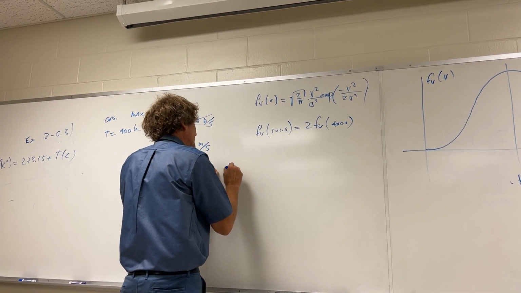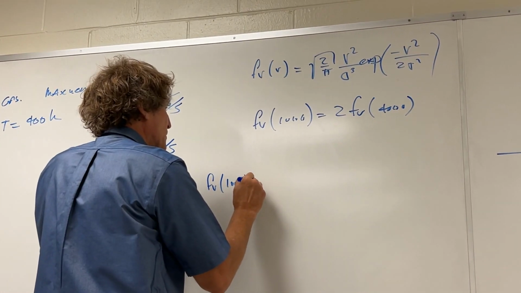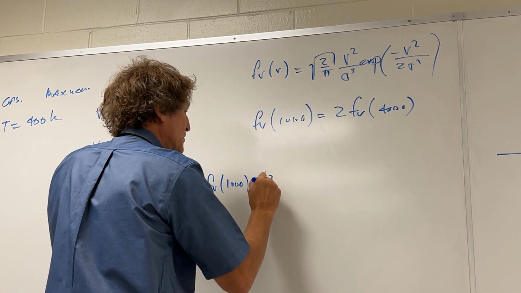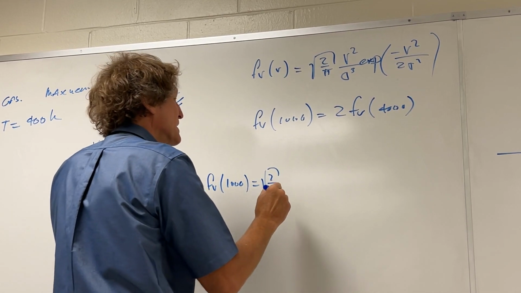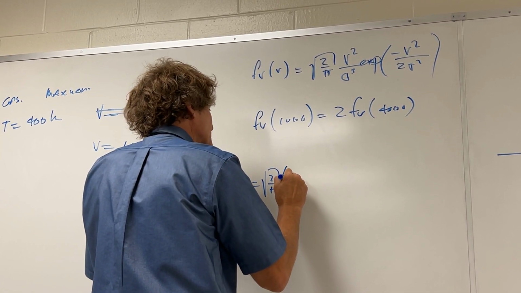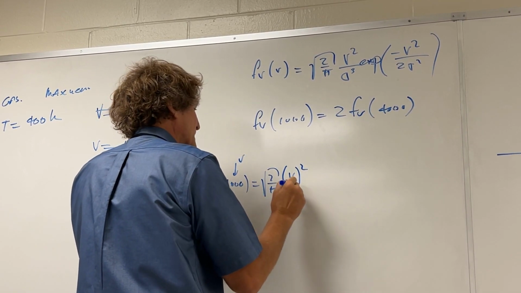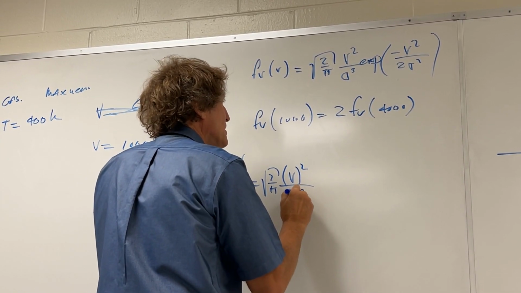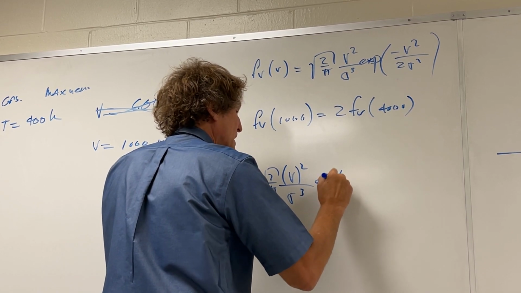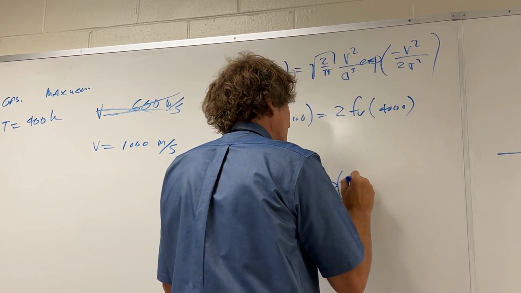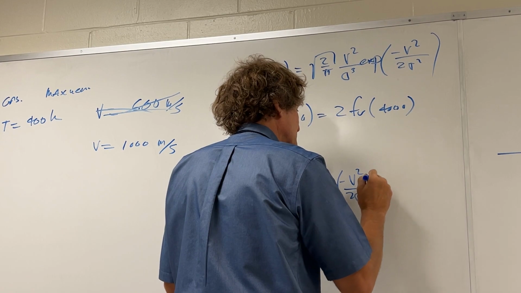So f of V of 1,000 will be equal to the square root of 2 over pi. You don't need to do this. Then it's going to have, I'm just going to leave it as V squared, because I know V here is going to be 1,000, over sigma cubed exp to the minus V squared over 2 sigma squared.